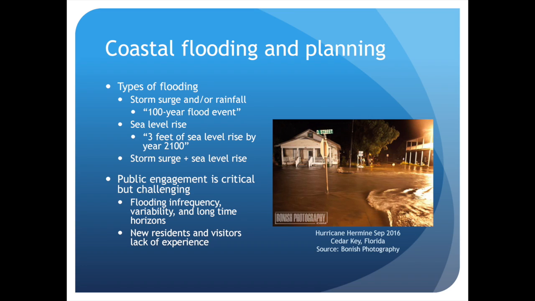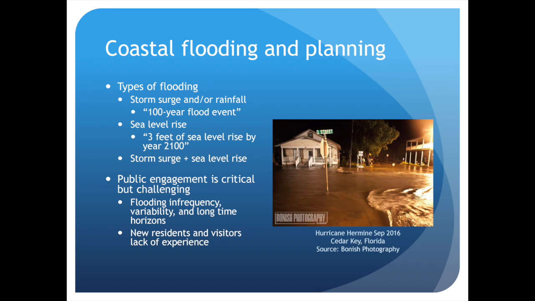As we all know, when a storm surge, hurricane, or sea level rise happens, it has devastating effects on transportation networks and the broader built environment. Whether it's a storm surge that has a 1% probability to happen for the 100-year flood event, or a sea level rise, or a combination of both, it's critical to be able to drive that message to the community, because sometimes there are challenges with that.